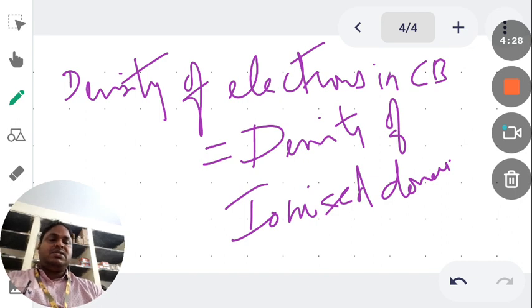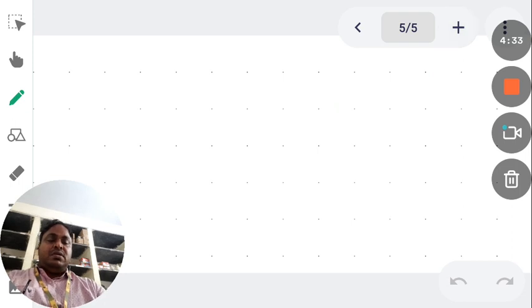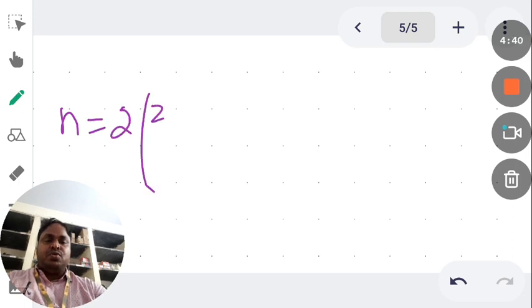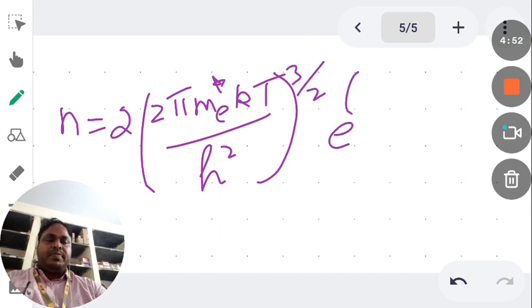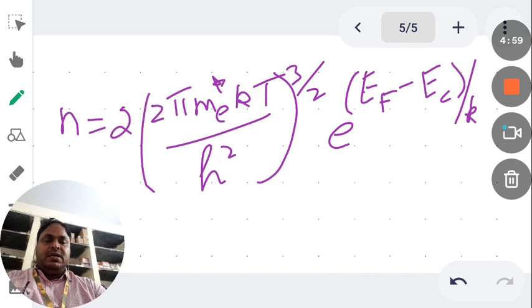So let's calculate the density of electrons in the conduction band. We already know the formula for the density of electrons in the conduction band, which is N is equal to 2 into (2 pi me star kT by h square) power 3 by 2 e power (EF minus Ec) by kT.